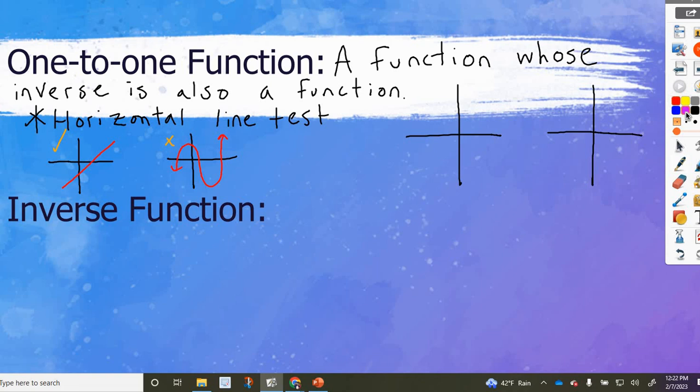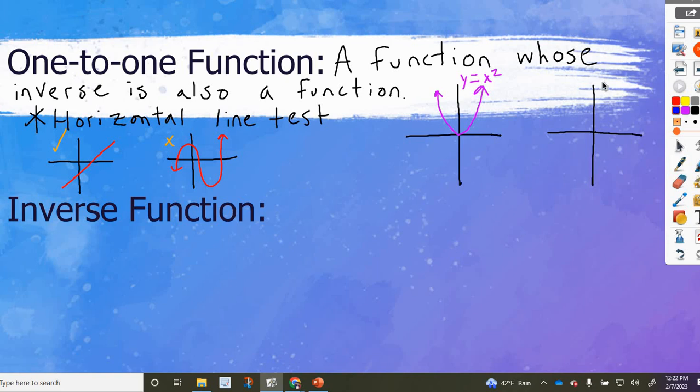So, if I was looking at the function of x squared, so y equals x squared, does that pass my horizontal line test? No. However, do we know what our inverse for x squared is? Yes. What undoes an x squared?